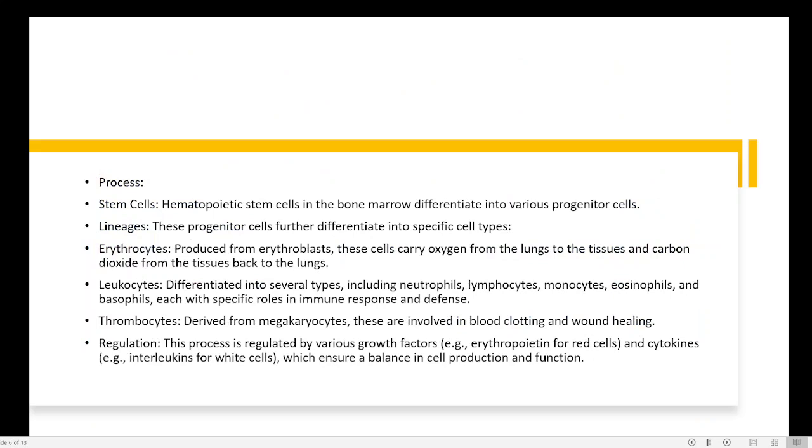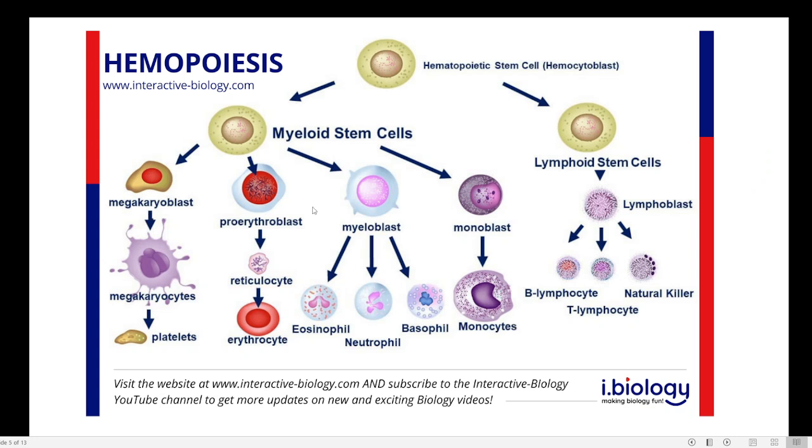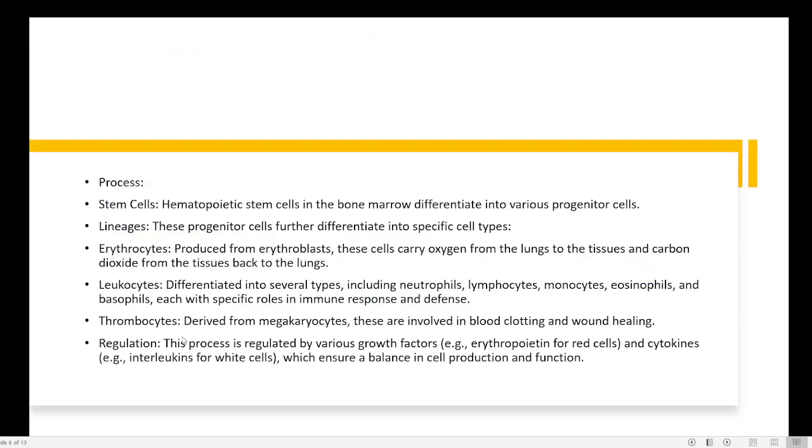Then come to the thrombocyte, derived from megakaryocyte, and here also you can find that megakaryoblast is converting into megakaryocyte that will be forming the platelets. Their main function is helping in blood clotting and wound healing.